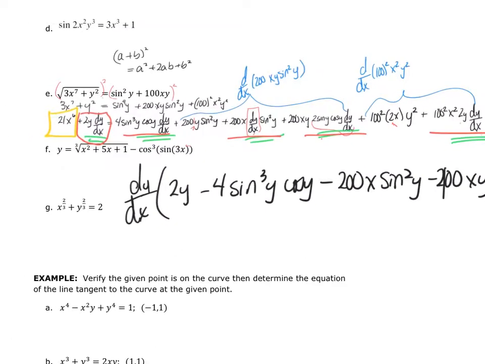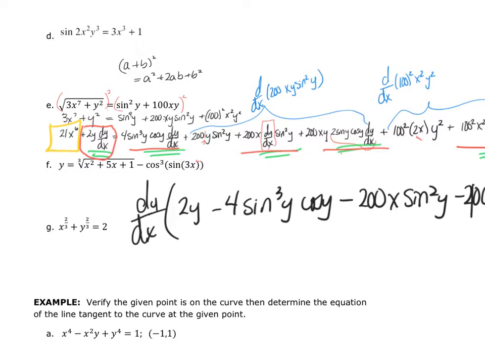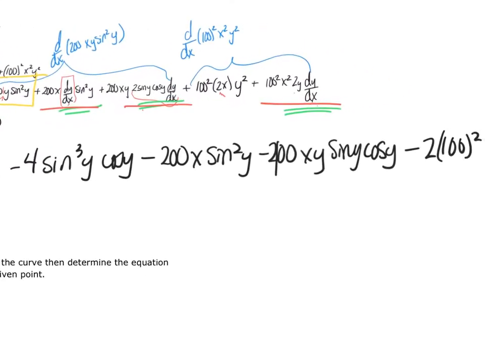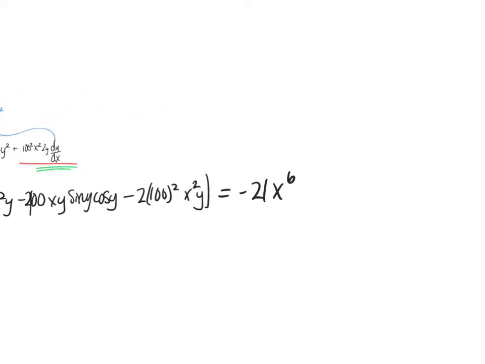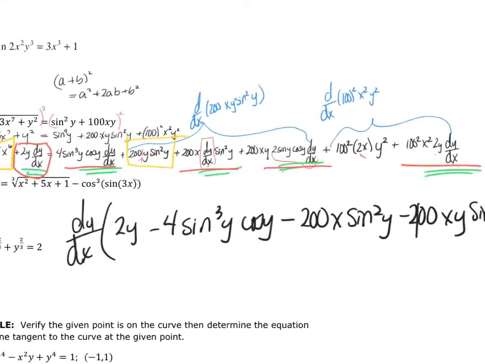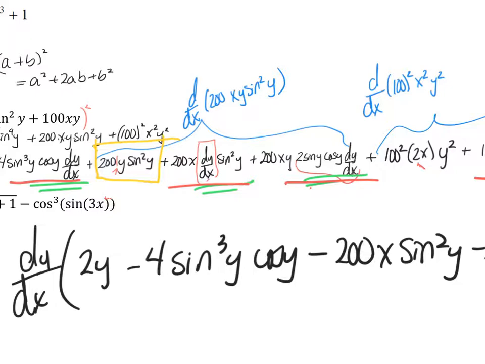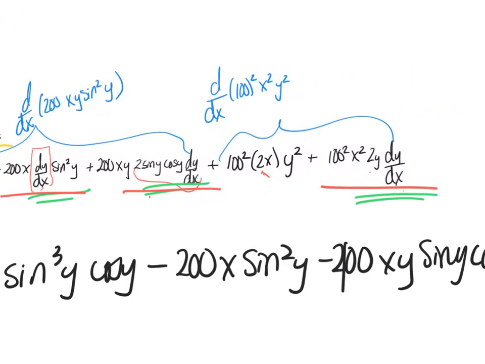The other terms that don't have a dy dx attached to them is this one right here, which is the 200 y sine squared y. The next one that does not have a dy dx attached to it is this one. So it's going to be 100 squared times 2x y squared.